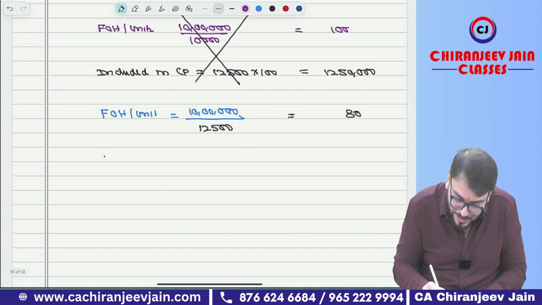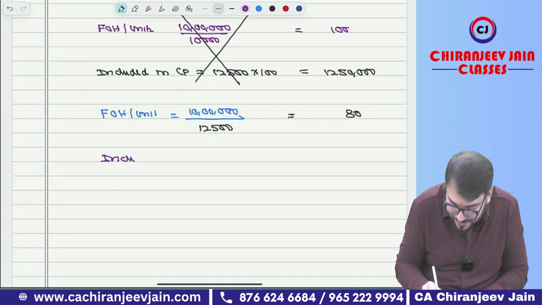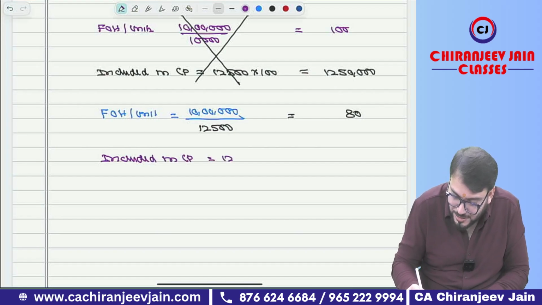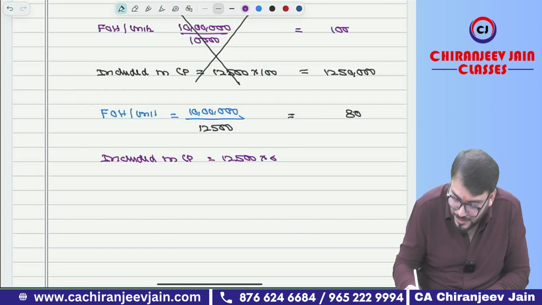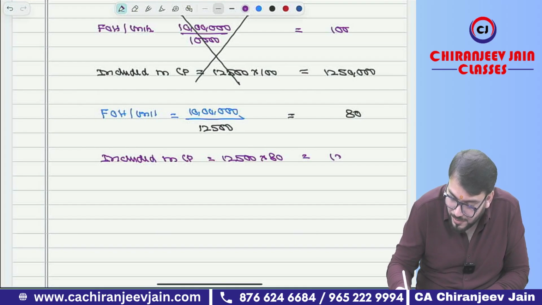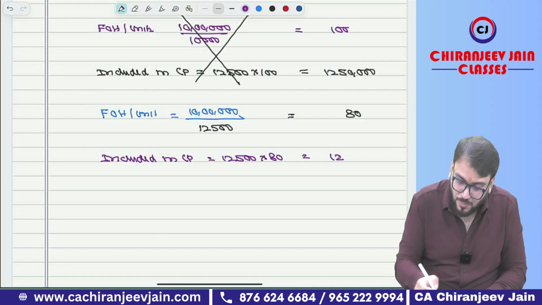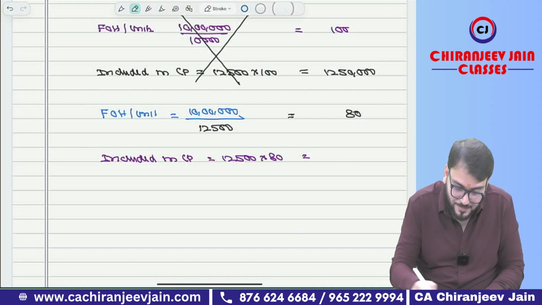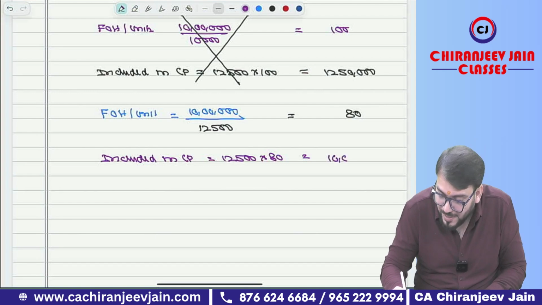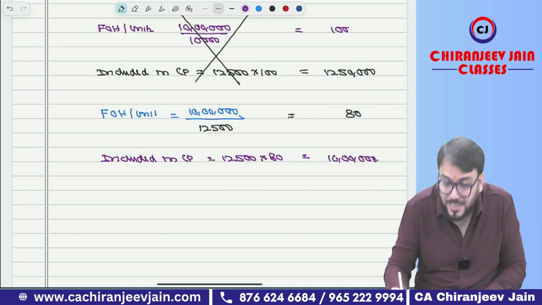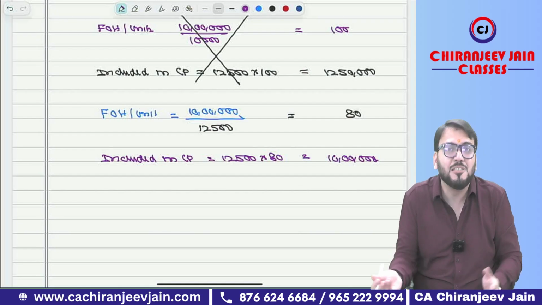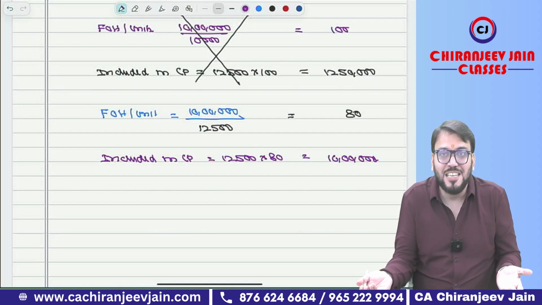It means how much is included in the cost price? 12,500 into 80 is equal to what? 10 lakh only. Means what was your fixed overhead? 10 lakh, and how much is included in the cost price? 10 lakh. Means there is no abnormal loss.